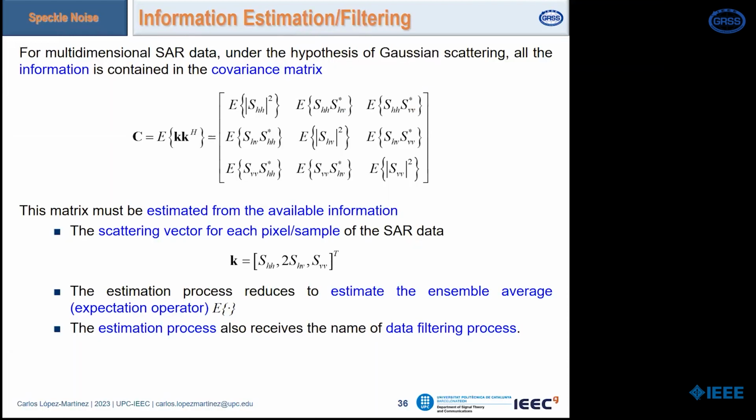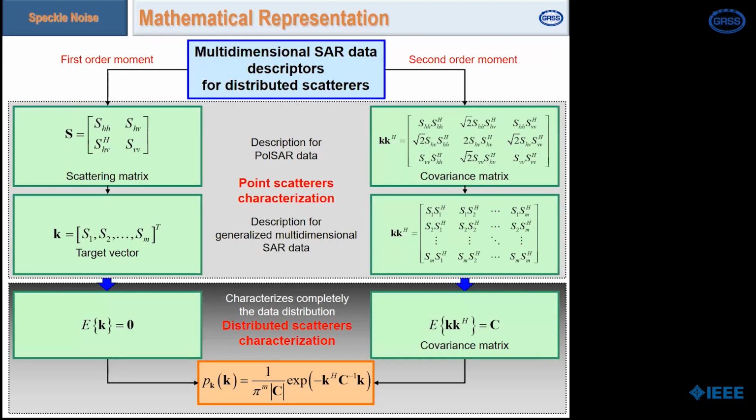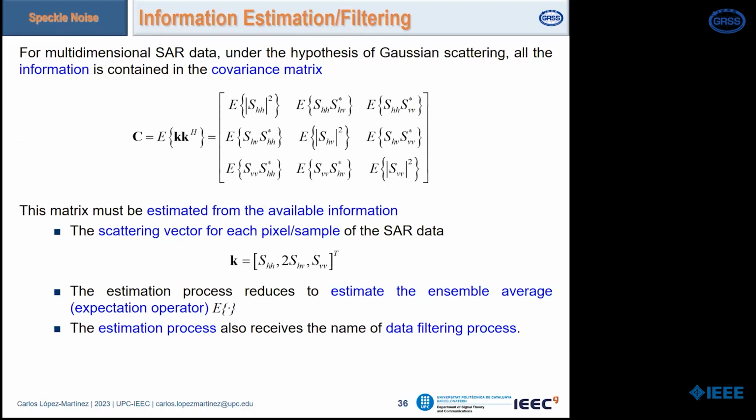Okay, so how do I estimate that information? As you see, the covariance matrix takes sense only through the expectation. So what does it mean, the expectation? Expectation is the estimation of a value. So the expectation is nothing more than a filtering process.